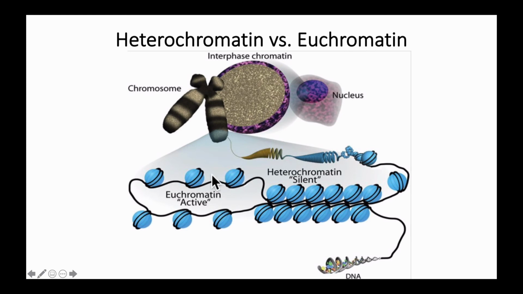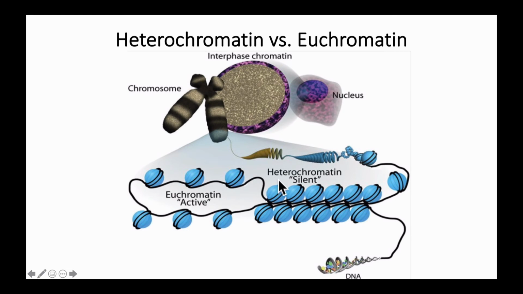There's space, there's room. Compared to the heterochromatin, notice how condensed they are. They're very condensed, to the point where this is one of the reasons why they say it's been silenced. When it's super condensed in this form, you can't work with this information.